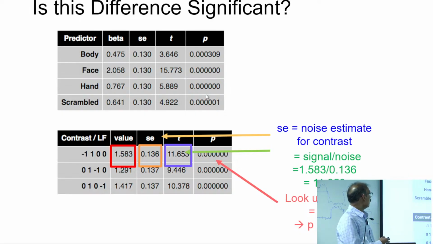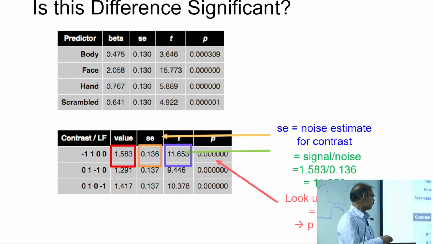So the beta plays a role. Also, the noise estimate plays a role, right? Because in this case, this is constant, this one plays a larger role, right? Because this is constant, therefore, the larger the beta value, the more significant it is, okay?